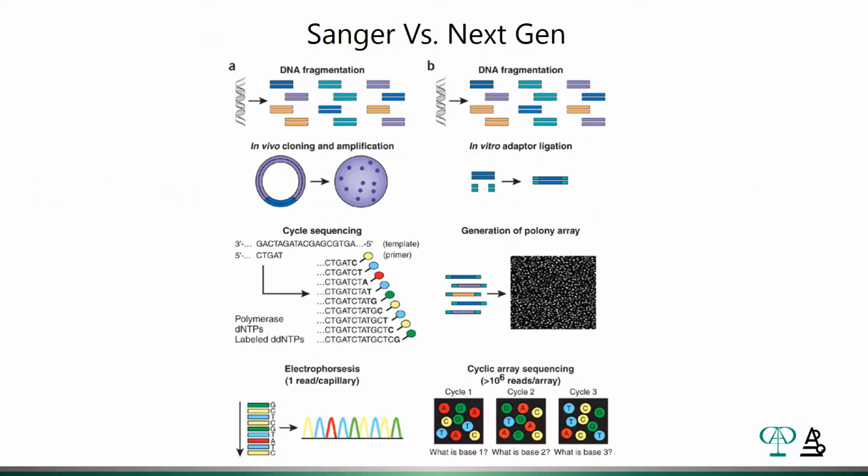To begin with, we should talk about the difference between traditional Sanger sequencing versus next-generation or massively parallel sequencing. Sanger sequencing starts with the amplification of a single amplicon of interest, and the millions of copies that are generated through polymerase chain reaction are all sequenced at the same time. In that setting, the Sanger sequencing is highly precise.